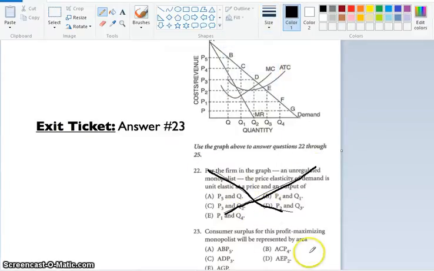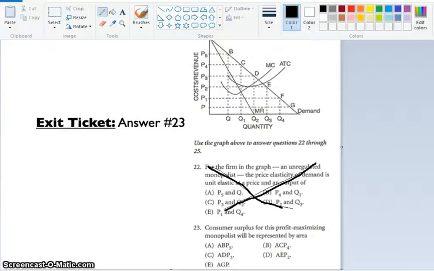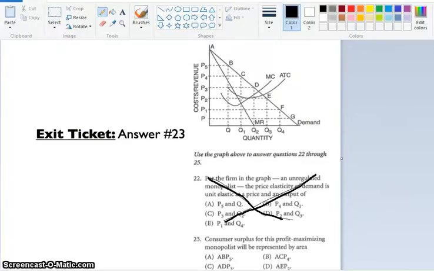But down here, consumer surplus for this profit maximizing monopoly will be represented by what area? Can you find it? I'll scroll down so you can make sure you can see all the options. And I'll scroll up so you can see all the graph here.